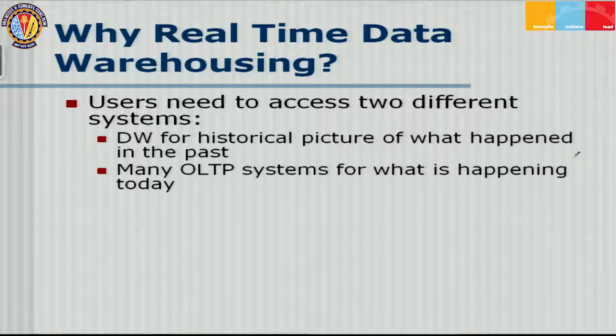So data warehouses for a historical picture of what happened in the past, and many OLTP systems for what is happening today. Okay, so that creates a problem, because there will be numerous OLTP systems. So this is not a very happy kind of situation for anybody to be in.